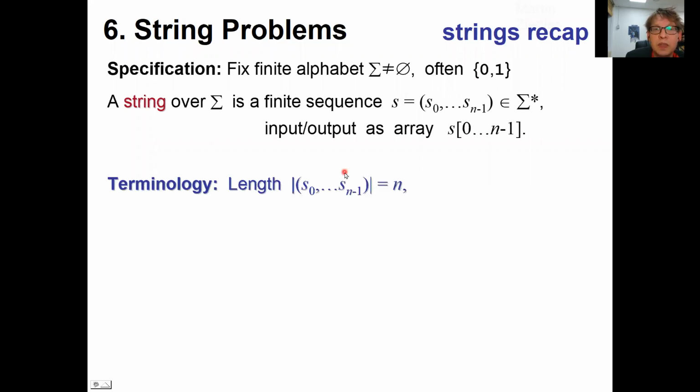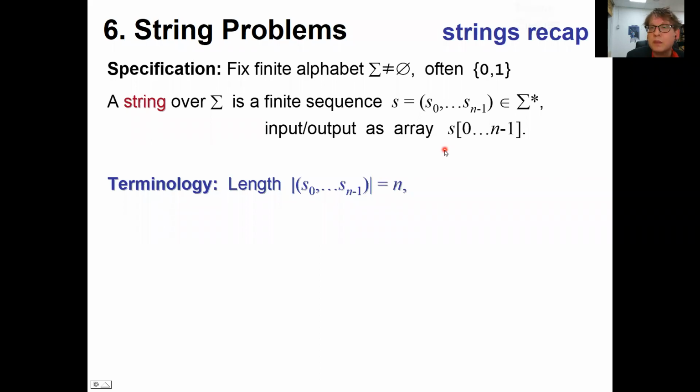And in order to express the length, we use the vertical bars as terminology. So vertical bar around the string indicates the length of the string. And let me also emphasize that we start counting the symbols in the string with 0.